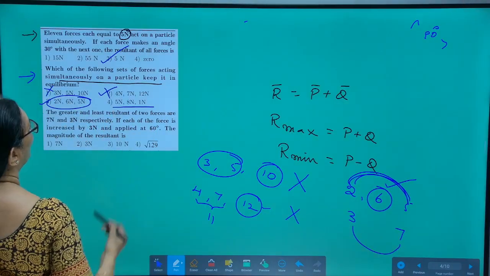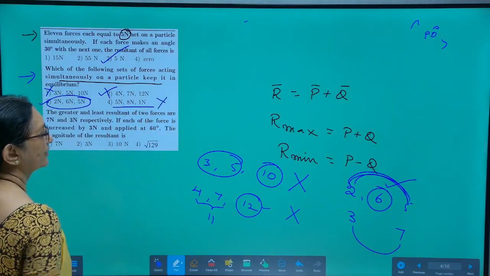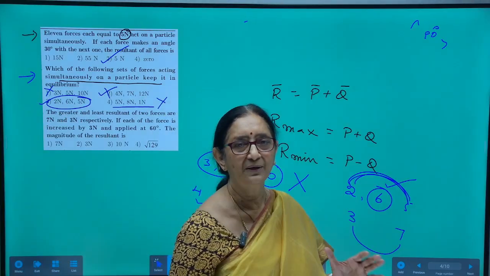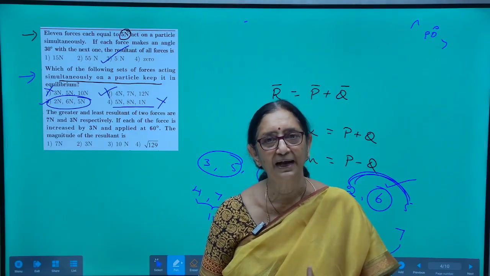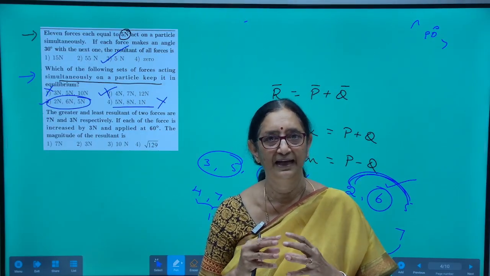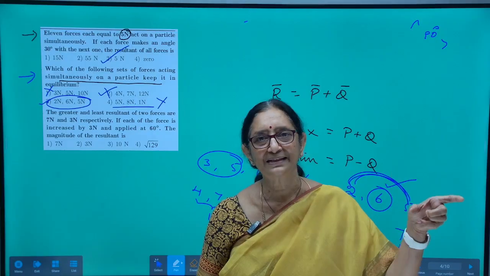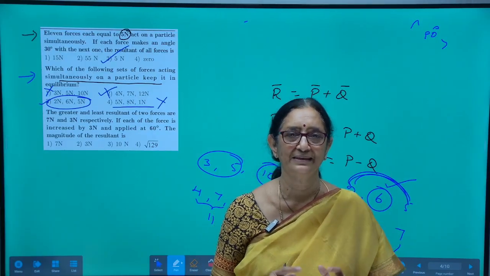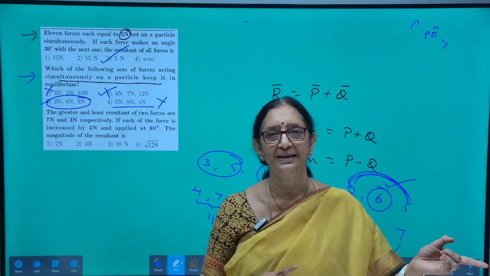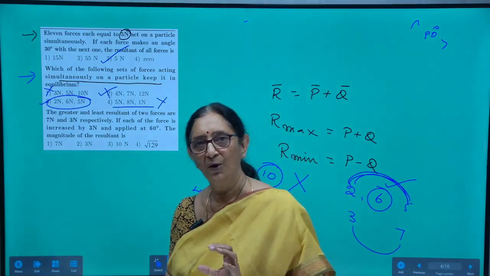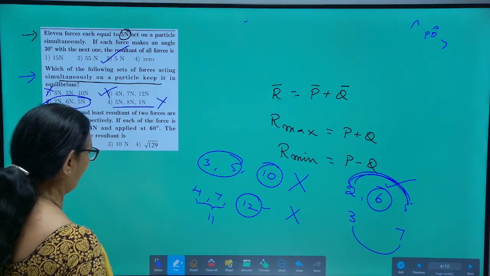Again, if you go back to the earlier one, 5 plus 3 is 8, so this cannot keep the point in equilibrium. So, the main concern is that the equilibrant must have a magnitude which lies between the maximum and minimum possible resultant of the other two. That is, it should lie between P plus Q and P minus Q. Only then can all three together keep that point in equilibrium.